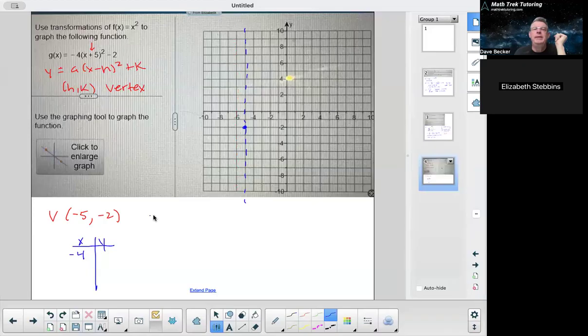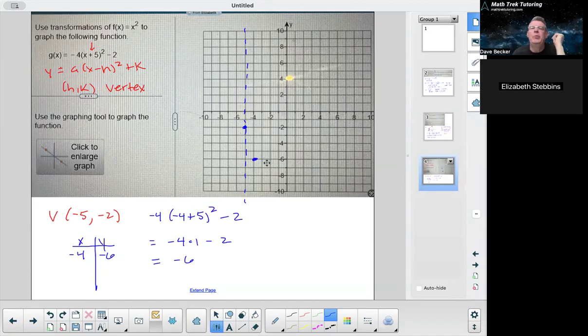So it would be -4 times (-4 plus 5) squared minus 2, right? Which you can crank in your calculator, which becomes -4 times 1 minus 2, which is -6. Okay, so we get the point -4, -6. So that's down to here, right?